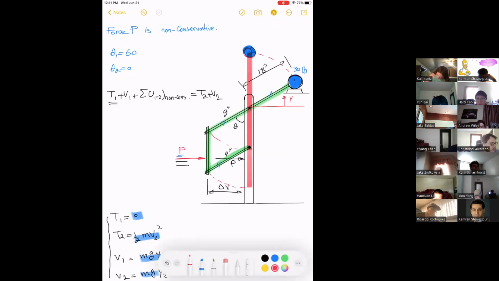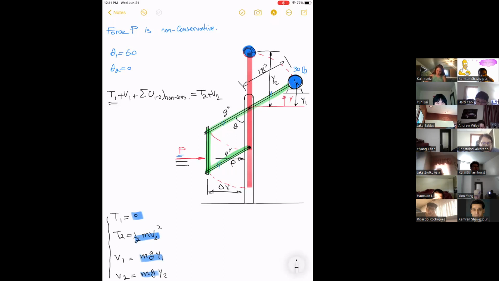If that's the case, this will be y1 and this will be y2. Okay, can you see that? This is y1 and this is y2. Okay.